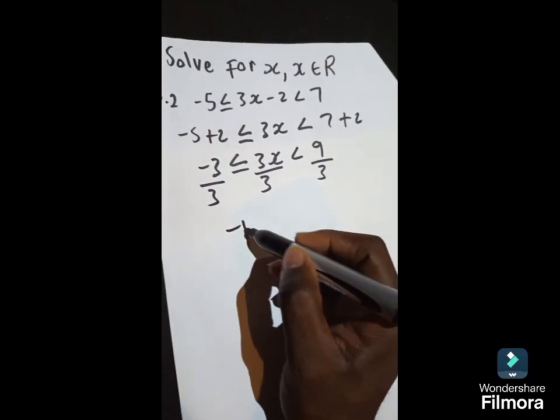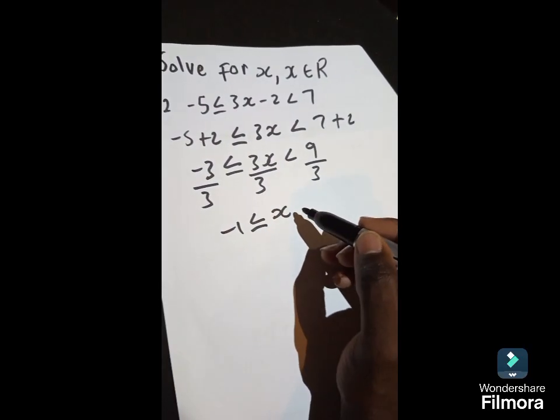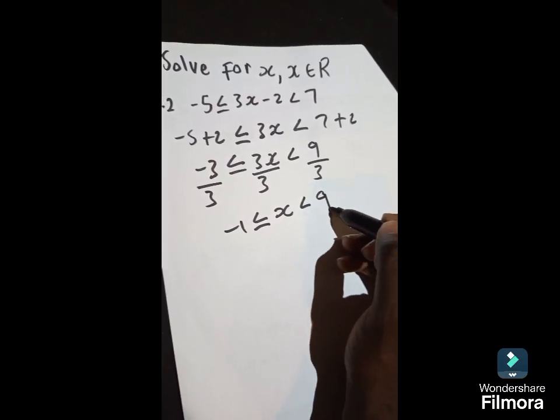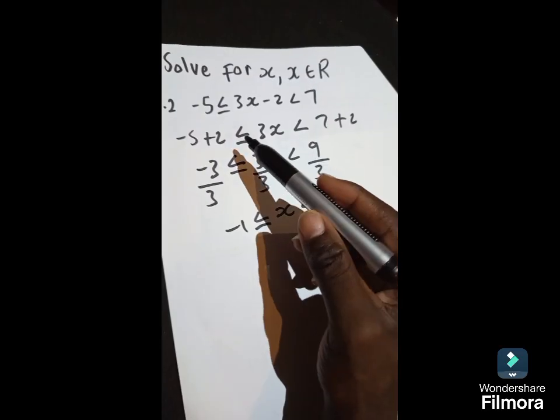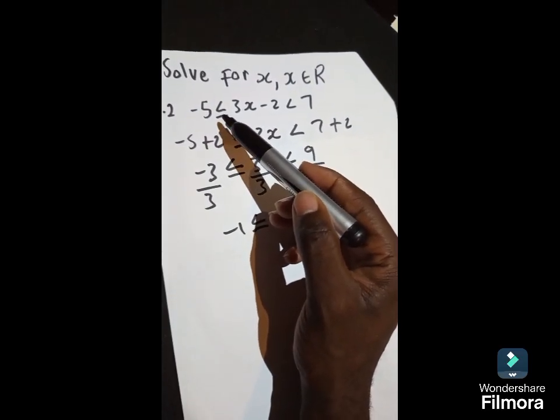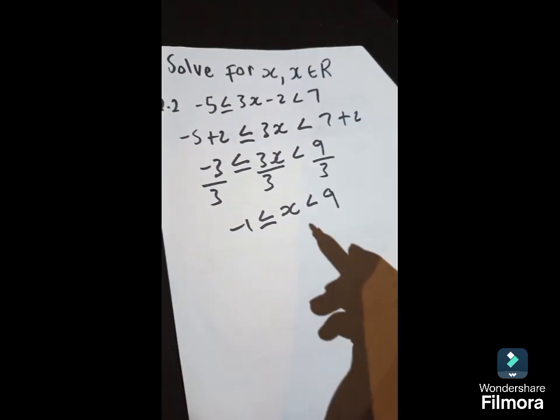You're gonna have -1 less than or equal to x, and then less than 9. Take note of these inequality signs. They might have this line, which means or equal to. If you don't have the line, it just means it's less than.